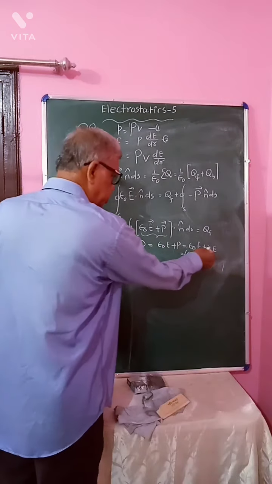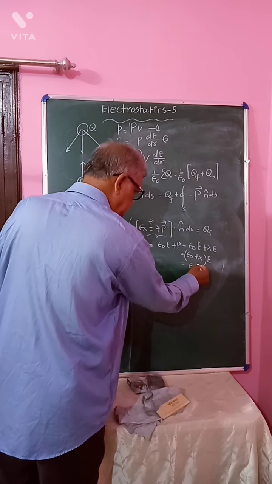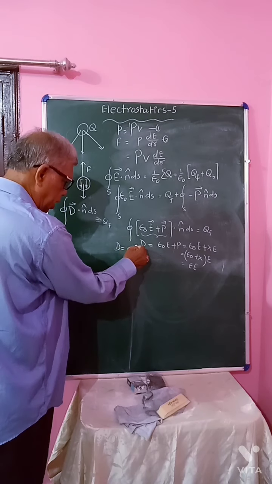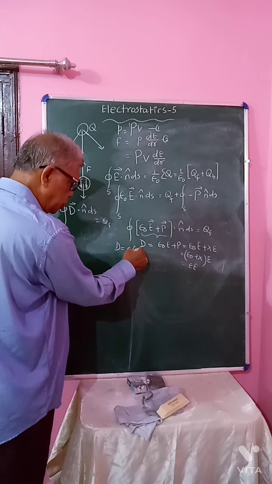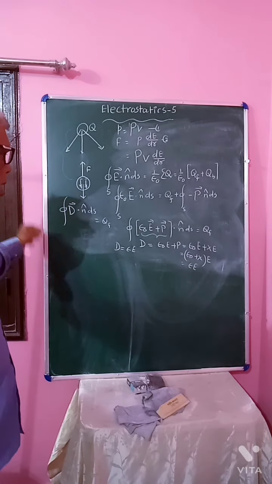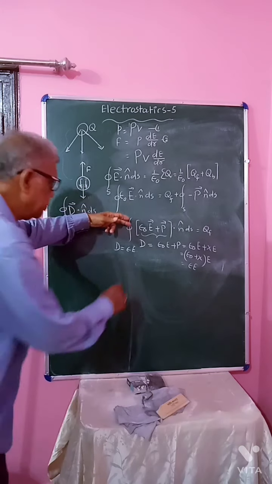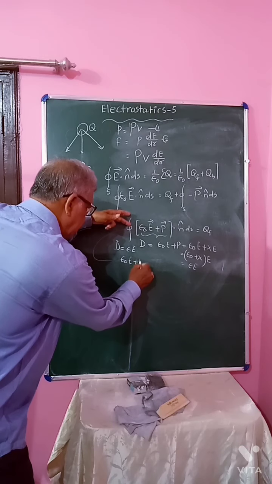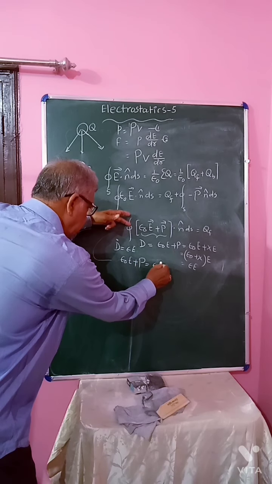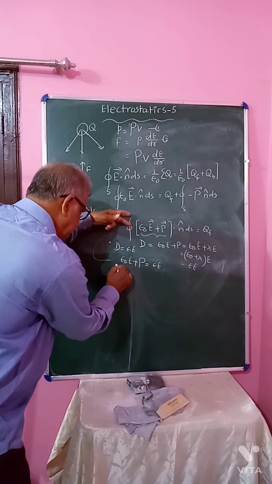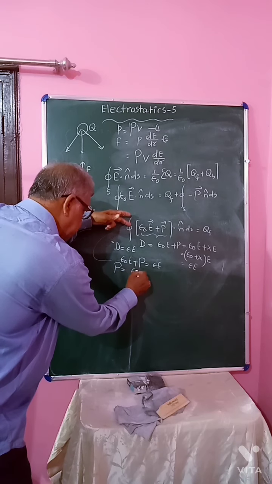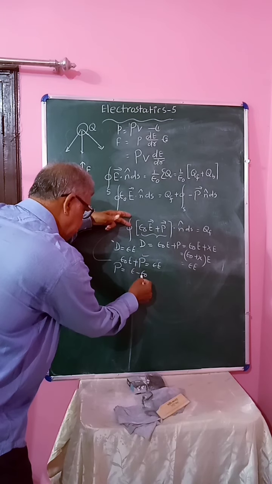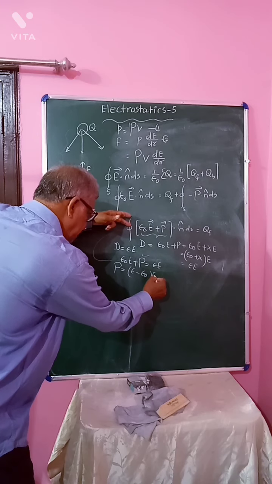So epsilon 0 plus epsilon 0 chi e, this is epsilon, that is we write displacement equal to epsilon, the permittivity of the medium, into E. Now I write here epsilon 0 E plus polarization P equal to epsilon E. Now you express polarization in terms of electric field: P equal to epsilon minus epsilon 0 into intensity of electric field.